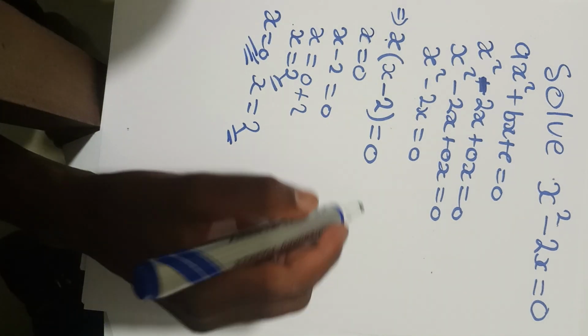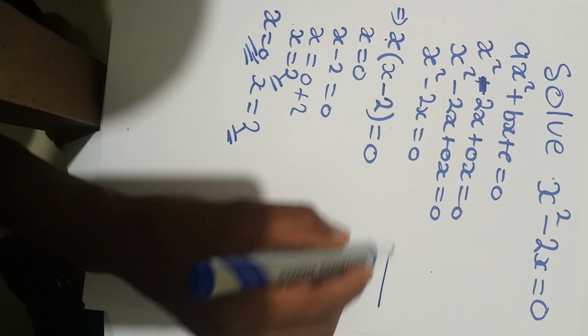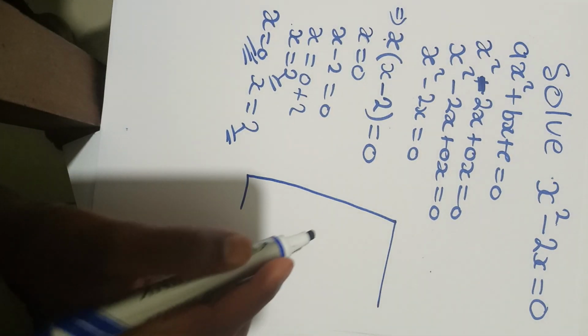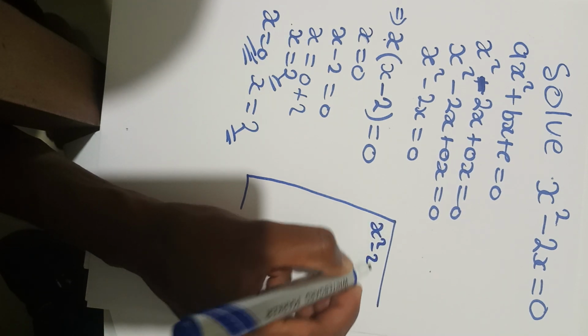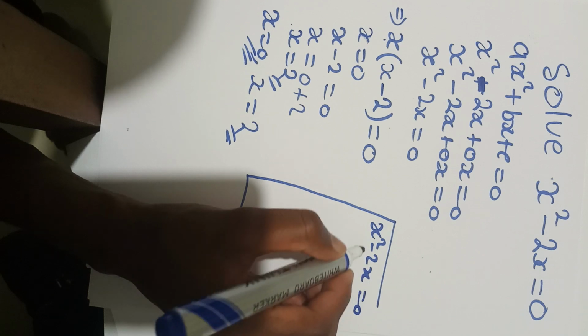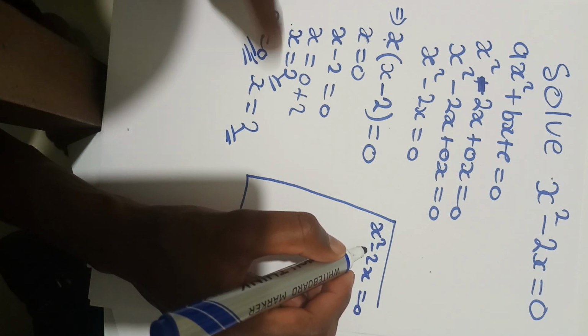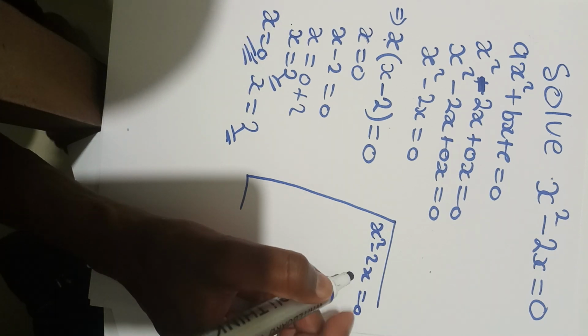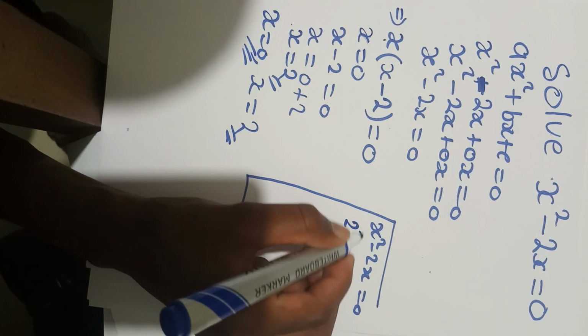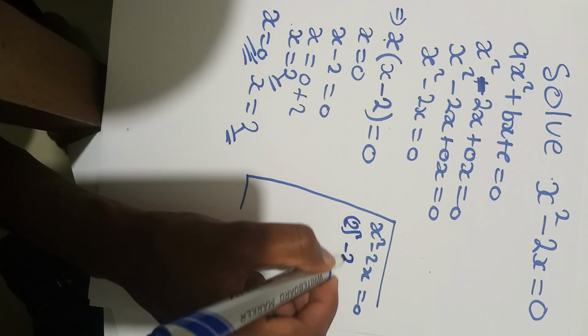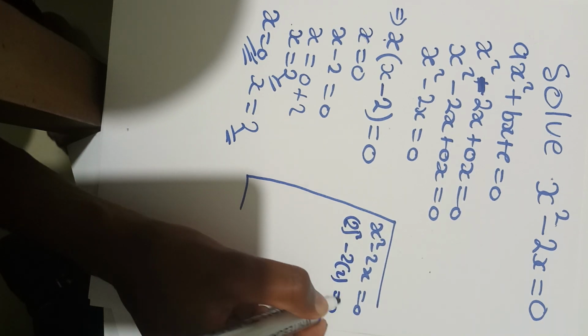If you want to prove that your answers are correct, we have x squared minus 2x is equal to 0. If you get 0 here after substituting the values that you have found, then your answers are correct. So just let me put 2. I'll say 2 squared wherever there is x, then minus 2 times 2 is equal to 0.